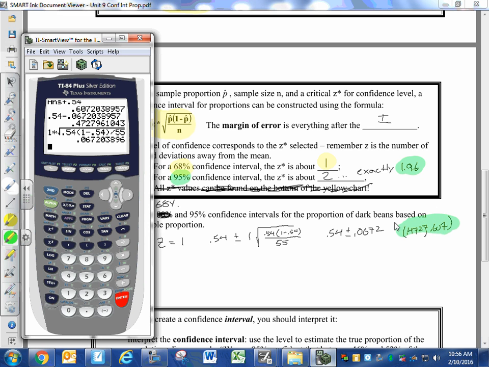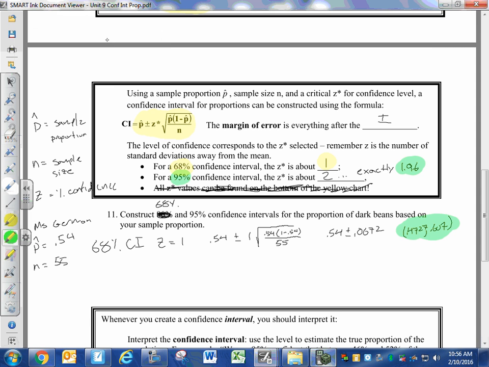This is our confidence interval. Instead of saying around 54% of our beans are going to be dark, we say I am 68% confident that the actual proportion of beans in that jar is between this value and that value.